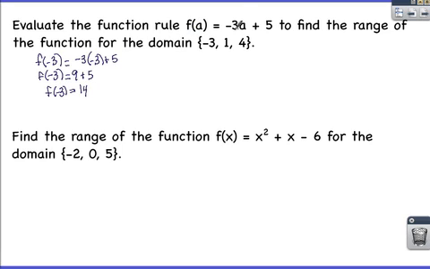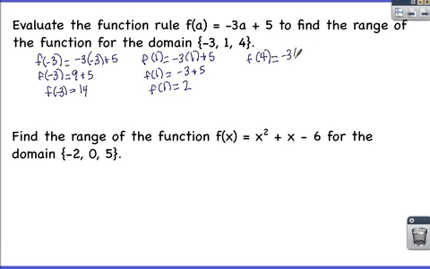We repeat that process for input values of 1 and for 4. So f of 1 equals negative 3 times 1 plus 5. F of 1 equals negative 3 plus 5. So f of 1 equals 2. And finally, f of 4, we're substituting 4 in for a.